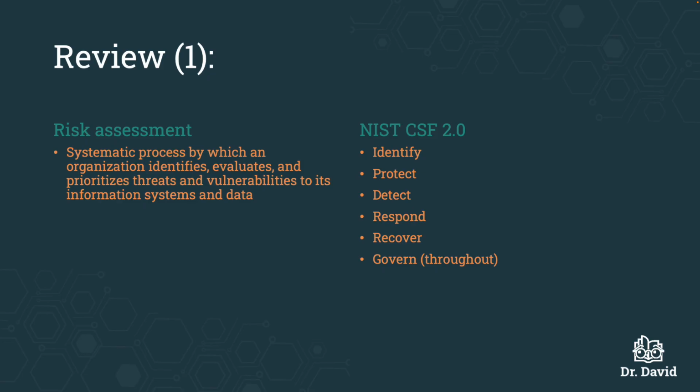In this lecture, we defined what a risk assessment is. This is a systematic process by which an organization identifies, evaluates, and prioritizes threats and vulnerabilities to its information systems and data. The 6 stages of the NIST Cybersecurity Framework version 2.0 are: identify, protect, detect, respond, recover, and govern.